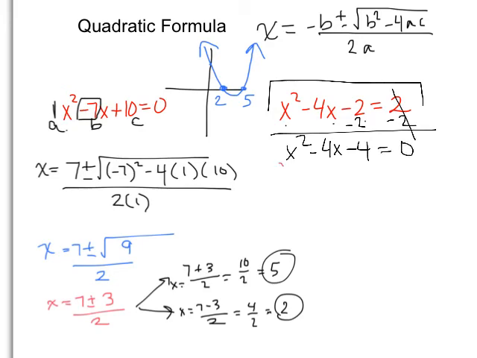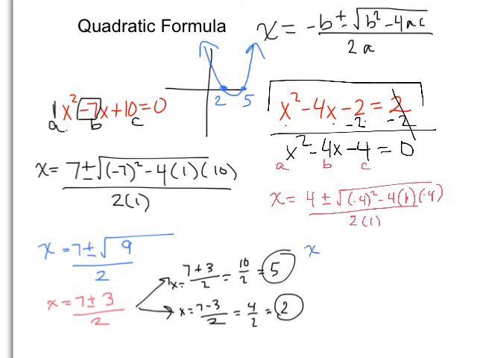Now we can identify our a, b, and c numbers and fill in that quadratic formula. x equals, again, the b was negative, so 4 plus or minus square root b squared minus 4, a is a 1, c, all over 2a.